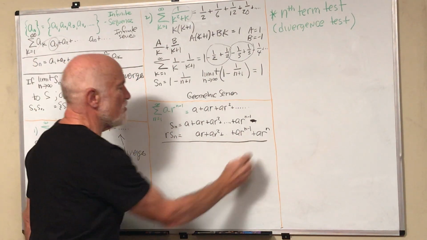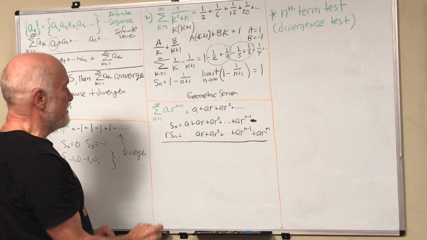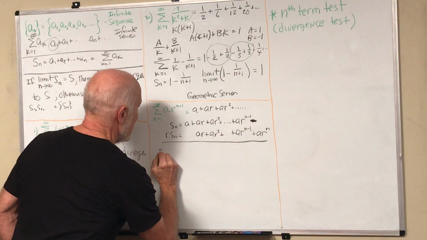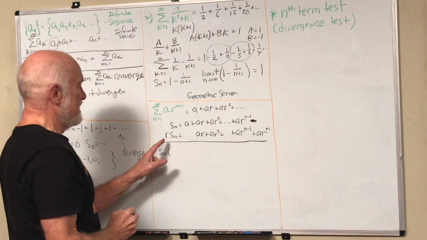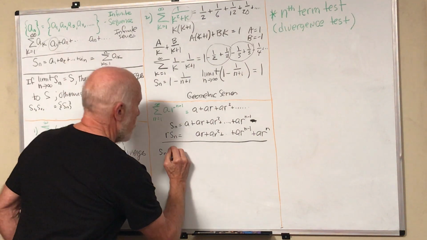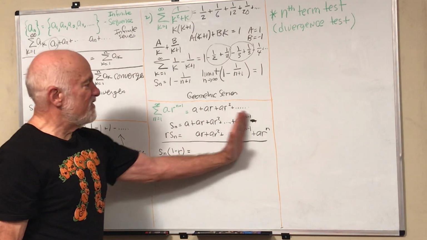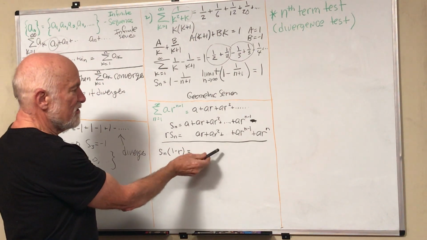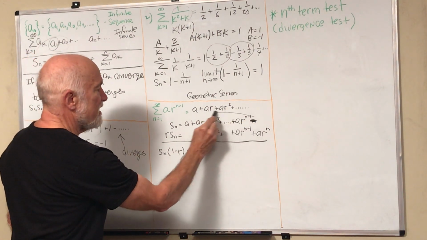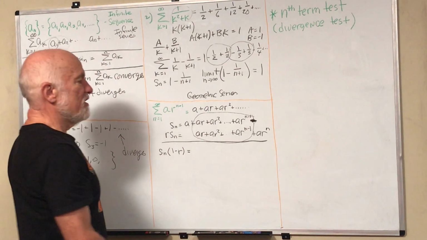Now, if I take these two things and subtract them, I get S sub n times 1 minus r. And if I subtract these, look at everything in here goes to 0.